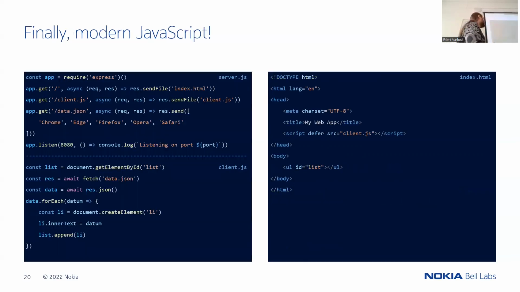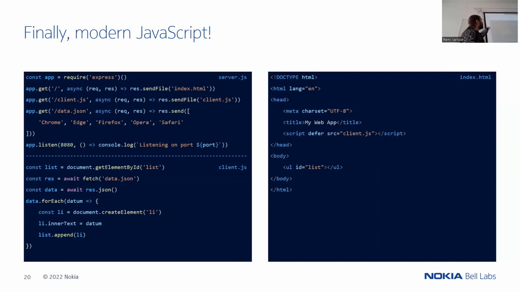And all this has brought us to modern JavaScript. So here's a full example, shall we say, with a server, our HTML, which is basically the same I showed you previously. It's empty, save for loading the client, and our client code. So here we're loading a list from the server and injecting the data into our HTML page.